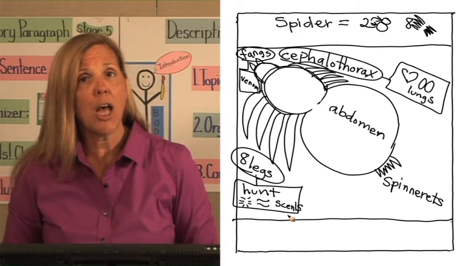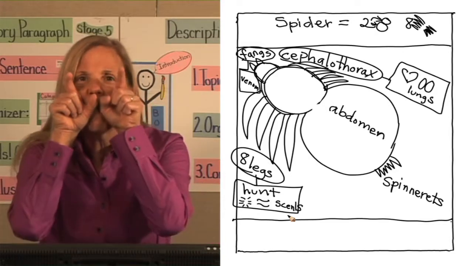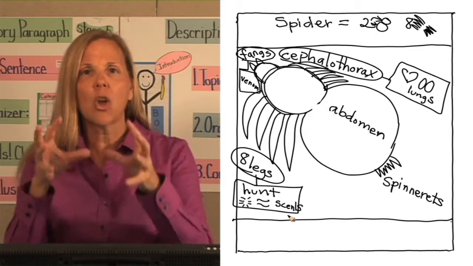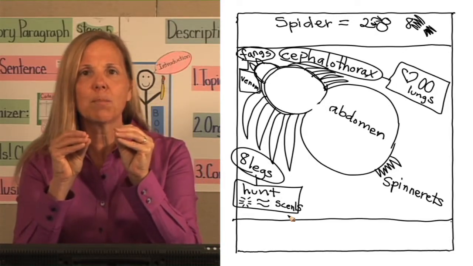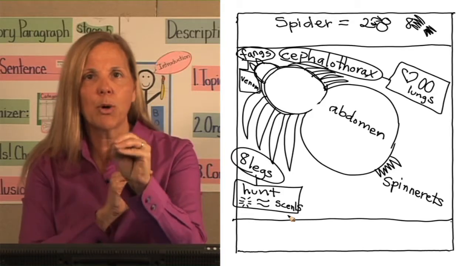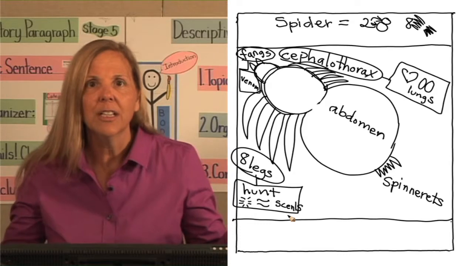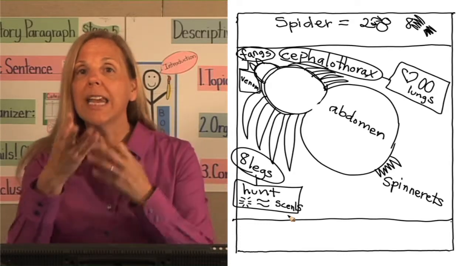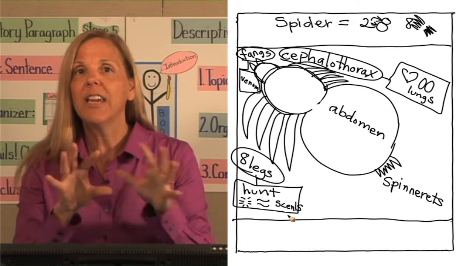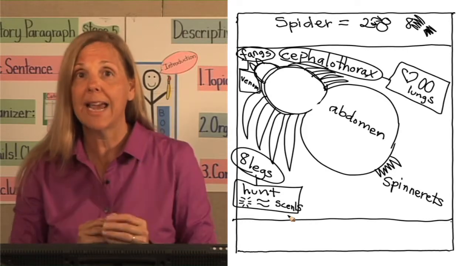Sticking out from the top of the cephalothorax are the fangs. The fangs are filled with venom, so a spider can poison its prey. 8 legs help the spider hunt by smelling the scents in the air, feeling the motions and sounds.